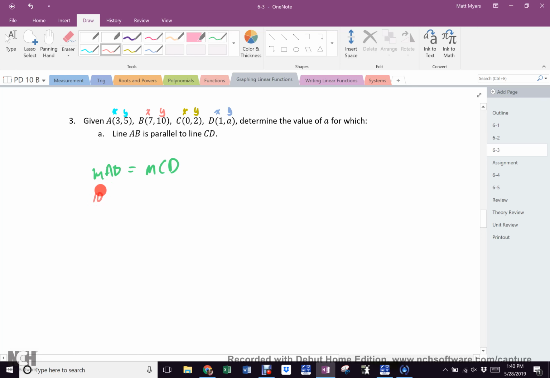It's 10 minus 5 over what? Keep the same order. 7 minus 3, which is what? 5 over 4, yes? What's the slope of CD?